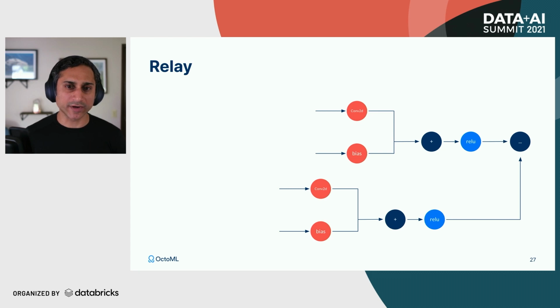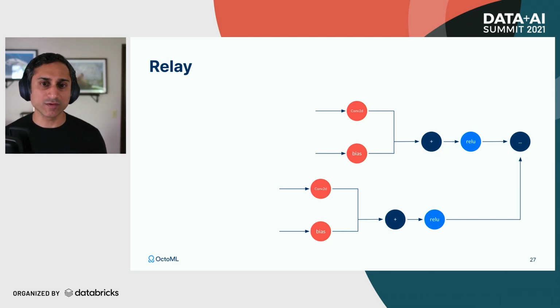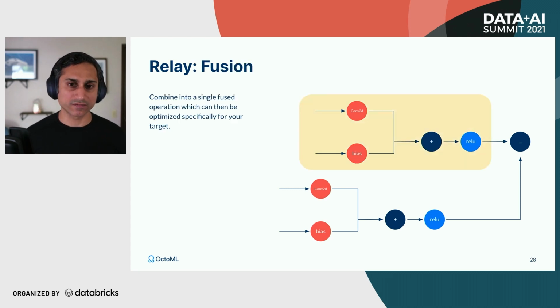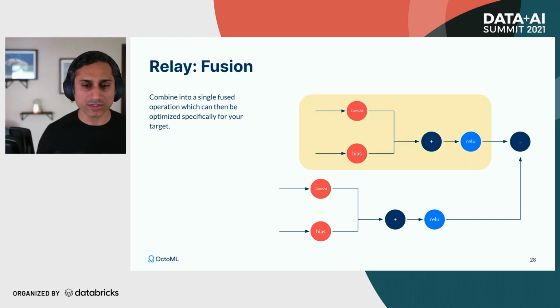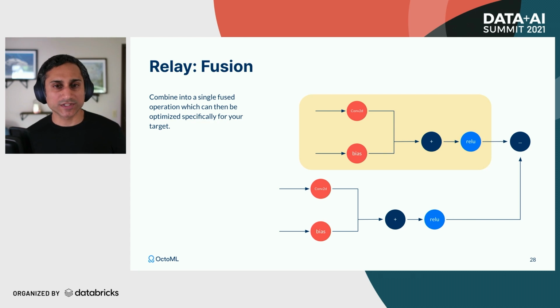Okay, so here I've rendered a Relay program as a DAG, directed acyclic graph. We have a convolution 2D in red, a bias term in red as well, and then an addition and an activation function like ReLU. And say we want to do an optimization like fusion. So we can select a subgraph and say we want to fuse it.